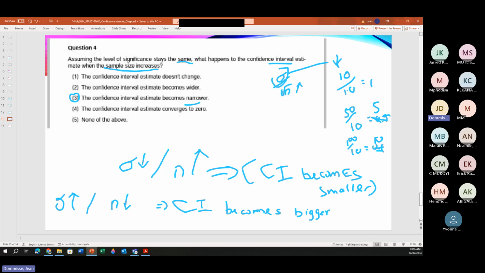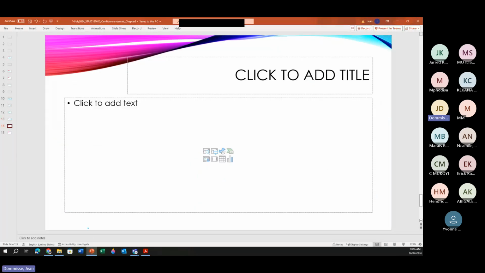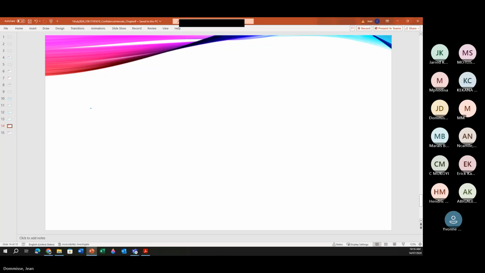So the one that they normally play around with, and I know there's a question that I need to go and look for, is, and let's make a new slide, before we end off for today. I will look for that so that we can incorporate it into one of our prep sessions. So remember, this is the confidence interval.